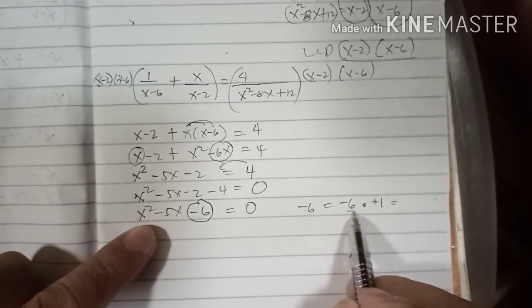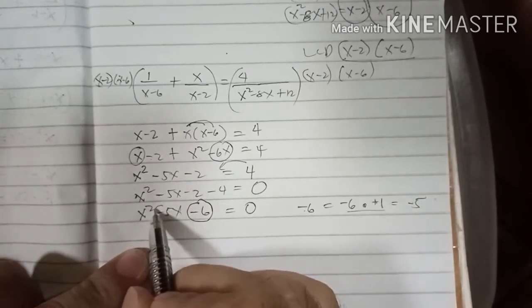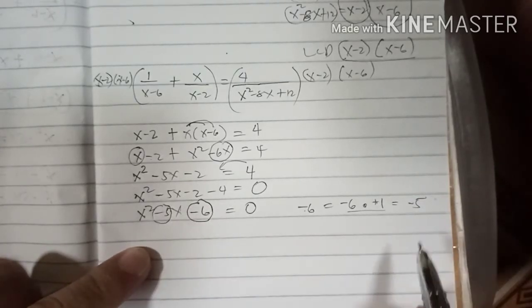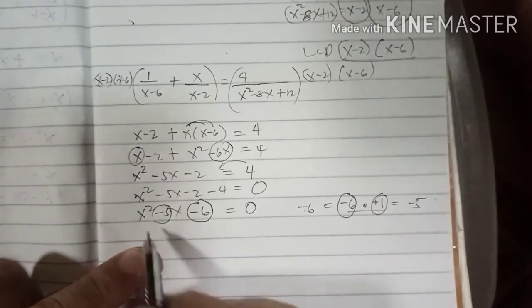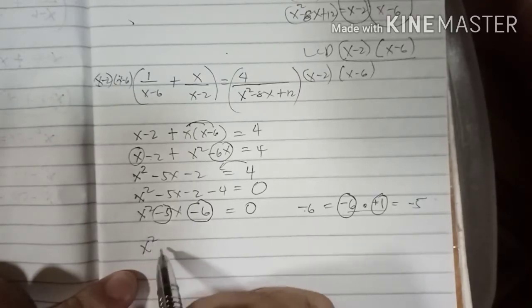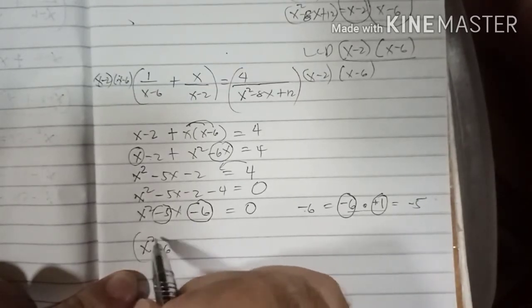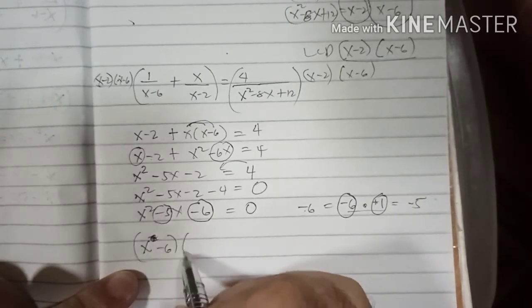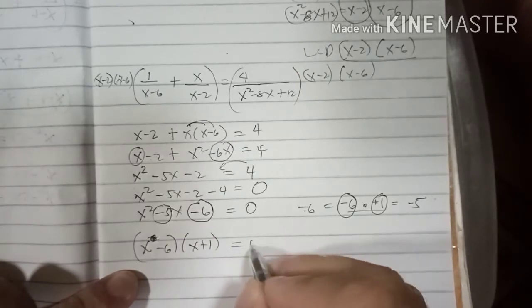But if we combine these two numbers, it becomes negative 5, and it comes up here. So therefore, we will be using minus 6 and positive 1 as the factors of x squared minus 5x minus 6. So the factored form of this is x minus 6 times x plus 1 is equal to 0.